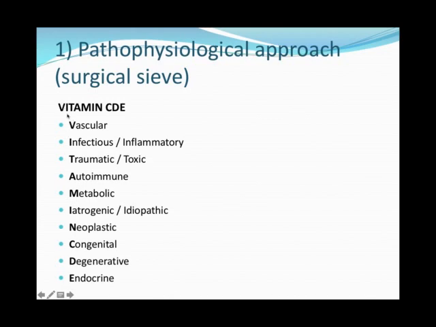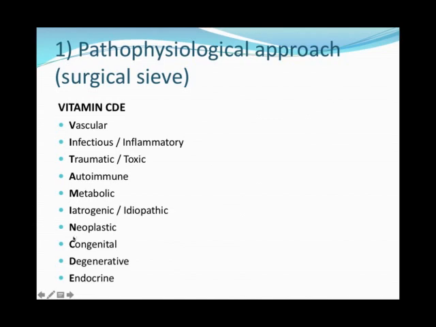So we can start thinking, okay, does this person have any vascular problems, any infectious or inflammatory problems, any traumatic or toxic problems, like he ingested a toxin, autoimmune problems, metabolic problems, iatrogenic or idiopathic problems. Iatrogenic, meaning something was caused by a surgery or by something that the doctor had done to the patient.